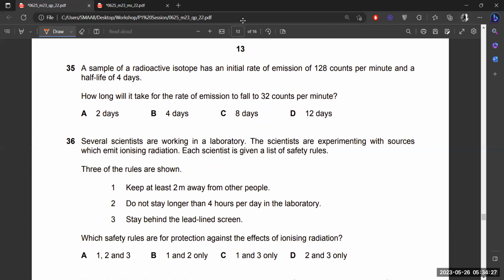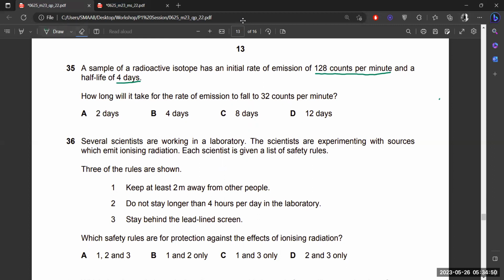Question 35. A sample of radioactive isotope has an initial rate of emission of 128 counts per minute and a half-life of 4 days. So initially we have 128 counts per minute and a half-life of 4 days. How long will it take for the rate of emission to fall to 32 counts per minute?